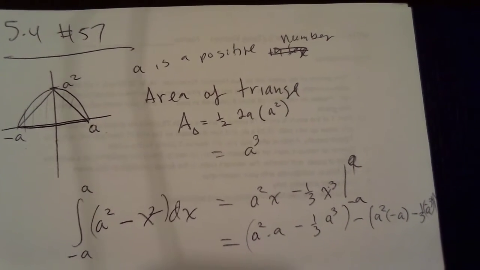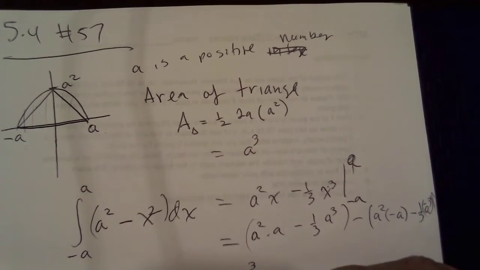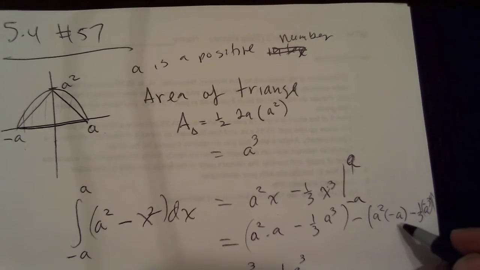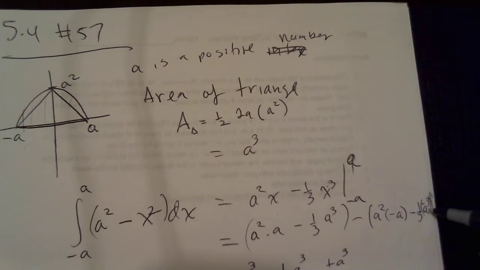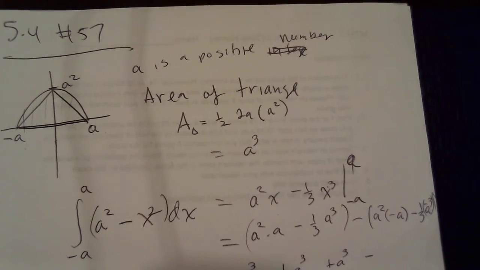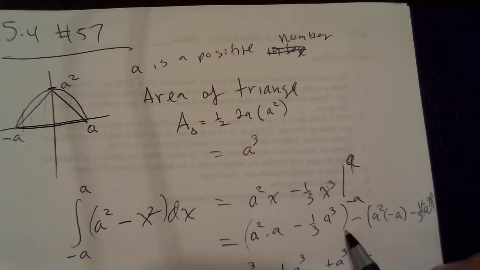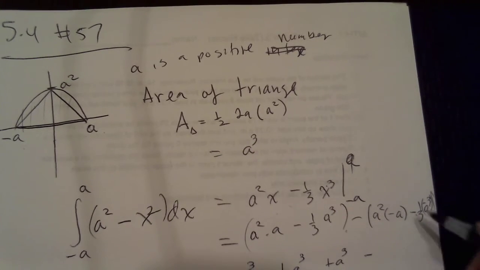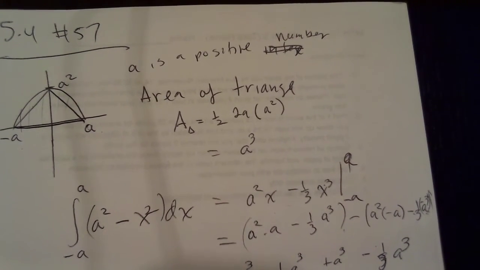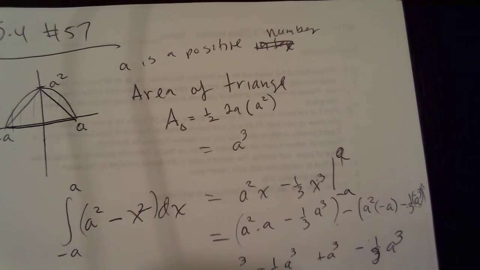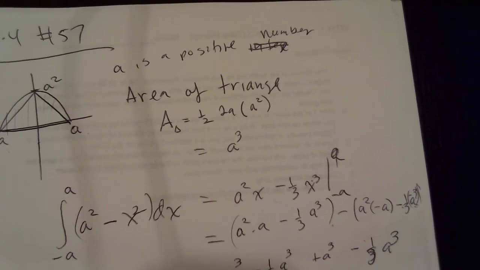sorry, I kind of ran out of space here. So we have a cubed minus 1/3 a cubed, minus the value at negative a, which is negative a cubed plus 1/3 a cubed. Then we get 2a cubed minus 2/3 a cubed, and that's 6/3 minus 2/3.